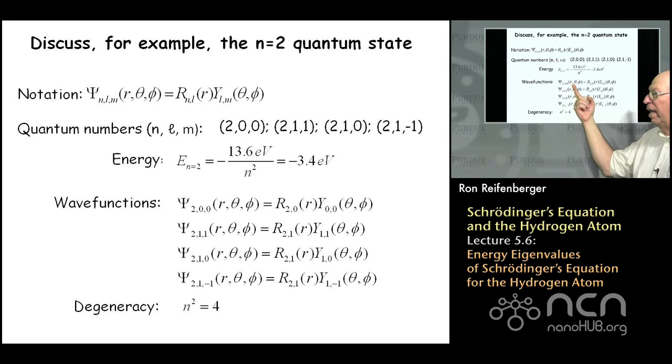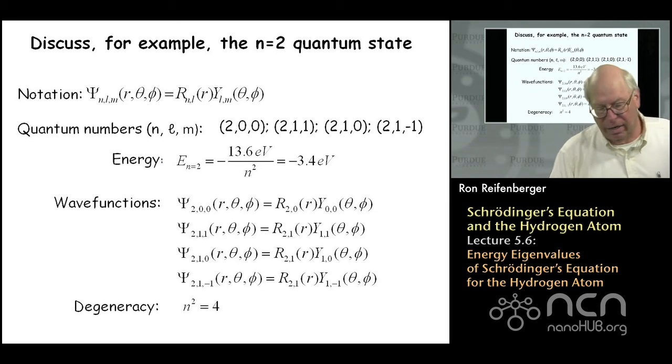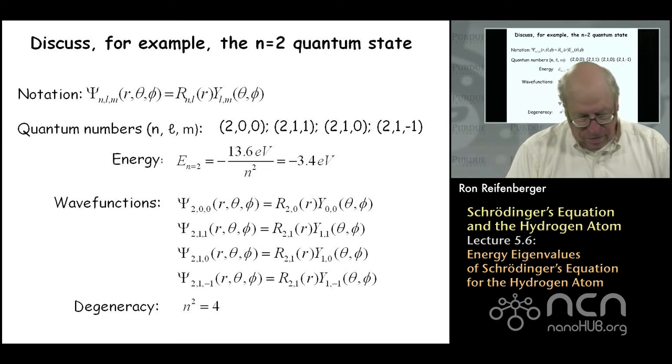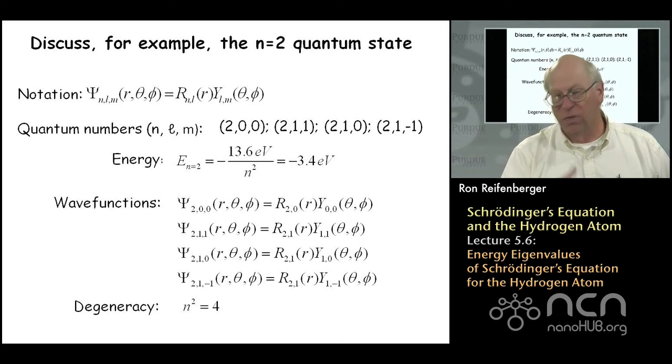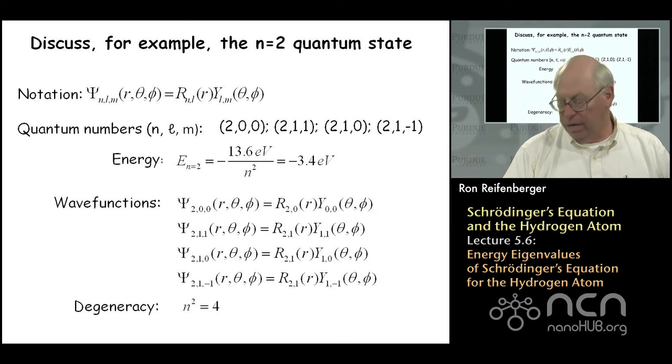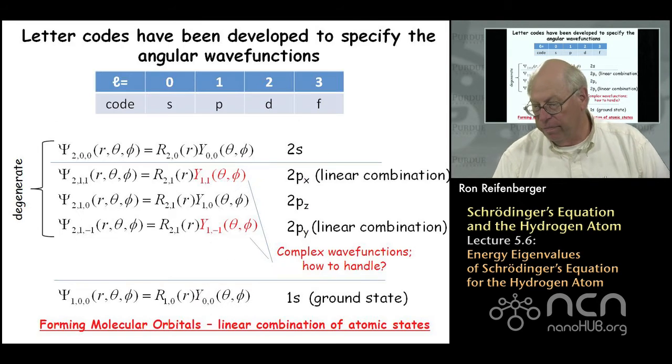Once I know n, L, and m, I can go to those tables that I gave in the previous lecture, and I can get analytical forms for capital R, the wave function in the radial direction, and capital Y, the appropriate wave function in the theta and phi direction. So these things are now all possible once we have these solutions tabulated for Schrödinger's equation.